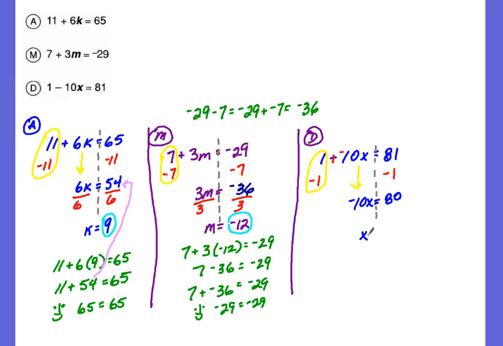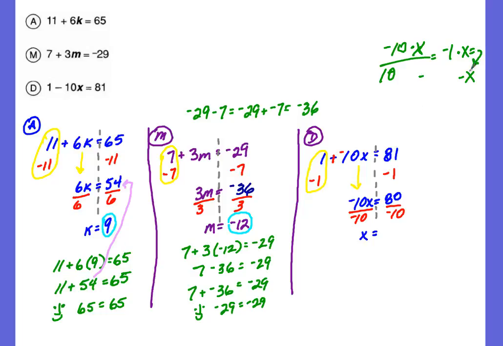Now again, remember, the goal is find out what x is. So I have to divide by negative 10 on both sides. This is critical. A common mistake would be to say, well, I'm going to divide by 10. But if you divide by 10, if we take this up top and think about it, if you had negative 10 times x and you divide by just 10, well, negative 10 divided by 10 would be negative 1 times x, which would be negative x.